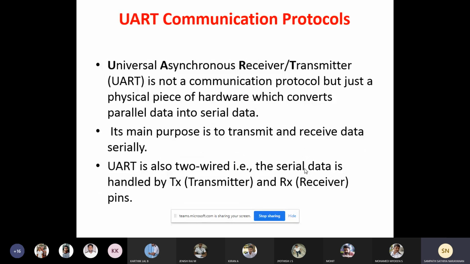Next is the UART communication protocol, which is an asynchronous communication protocol. This IC will convert the parallel data into serial data. Because microprocessors or microcontrollers can process in parallel, and the parallel data can be converted serially only with the help of this UART IC.